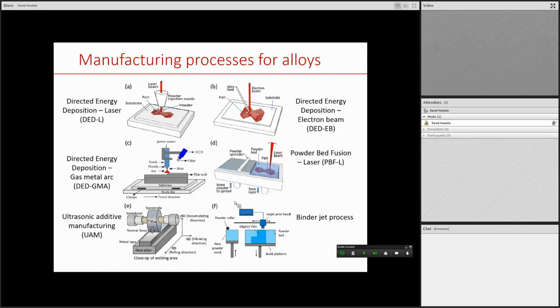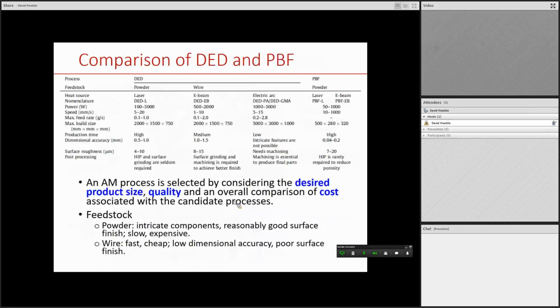So let's just focus on the DED and powder bed fusion technologies. You can see there are two kinds of materials in directed energy deposition, powder and wire, but powder bed fusion definitely just uses powder.